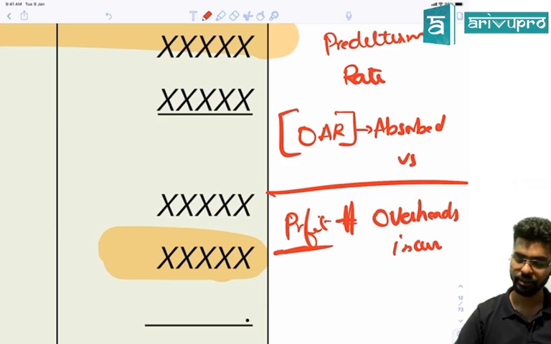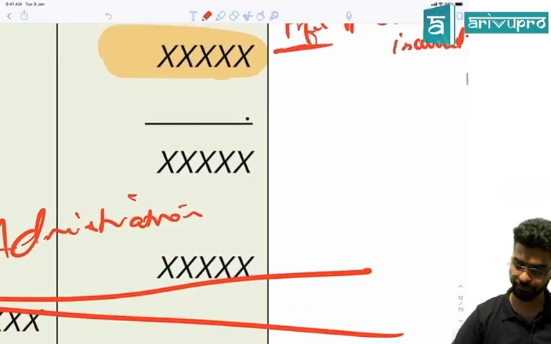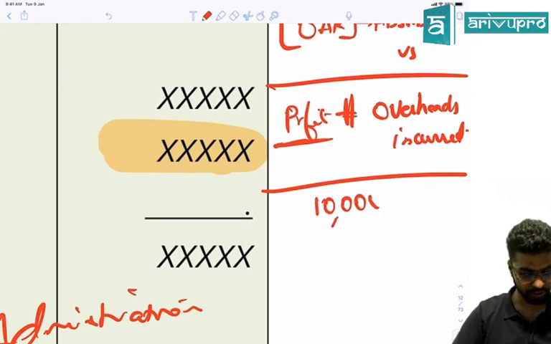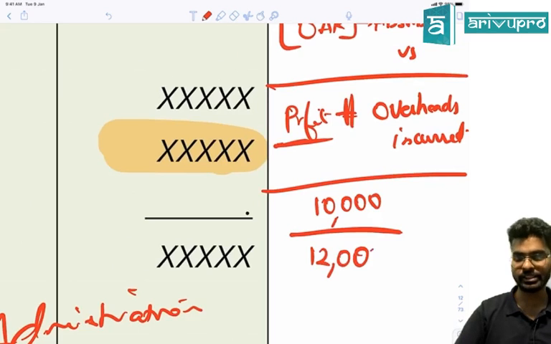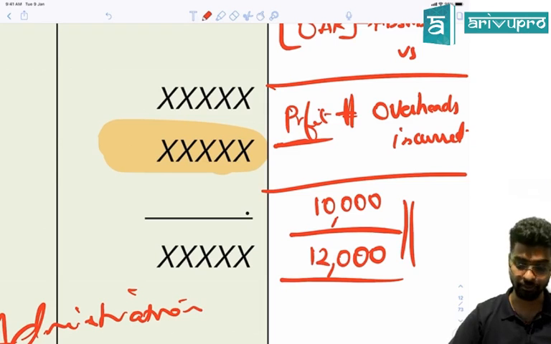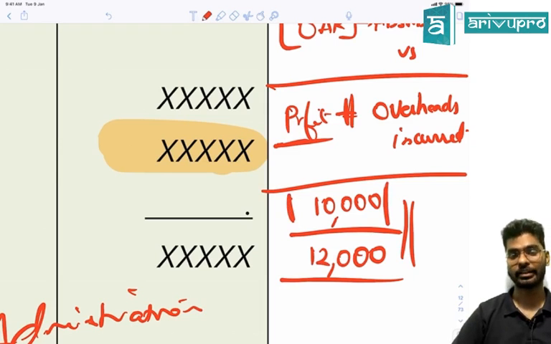So see here, if I have absorbed 10,000 and my actual is 12,000, is this under absorption or over absorption? Again, I'm repeating. I have absorbed 10,000. I've incurred 12,000. Is it under absorption or over absorption?